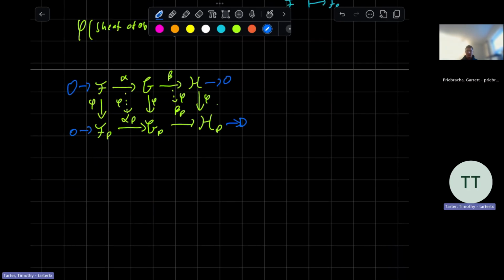So now we can check that the exponential exact sequence 2.4.9.1 is exact, and it's an exact sequence of abelian groups.